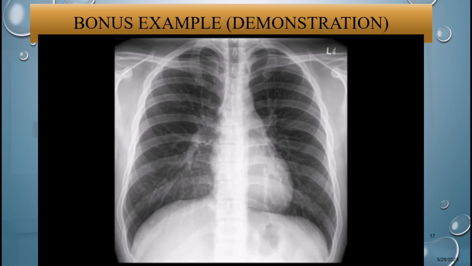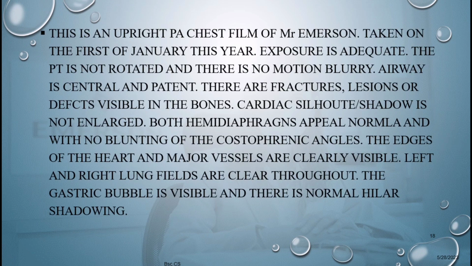Okay. So I want you to pause and try to read the things you can see. Okay. So this is an upright posterior anterior chest film of Mr. Emerson, taken on the 1st of January this year.